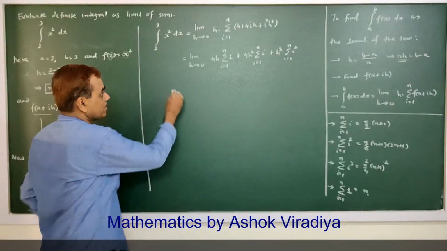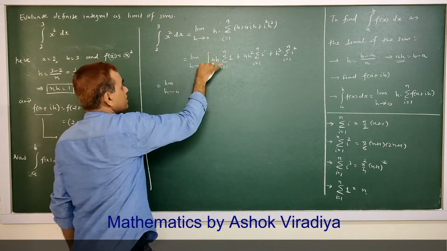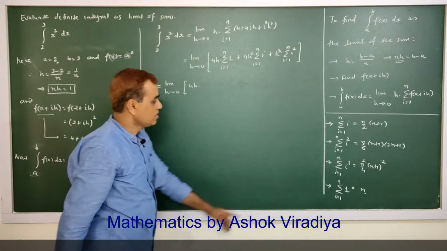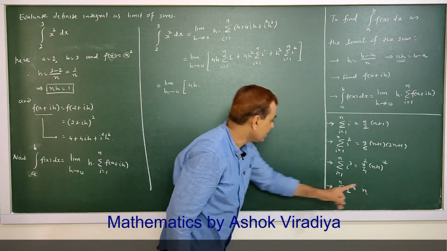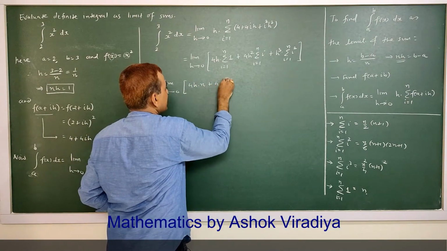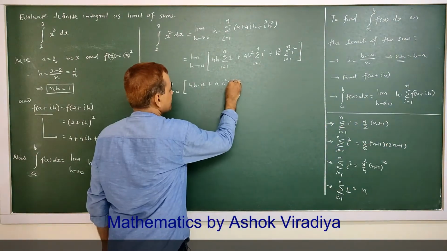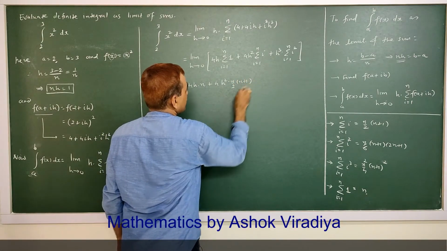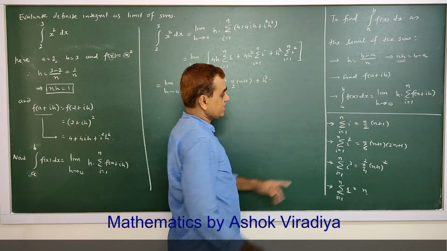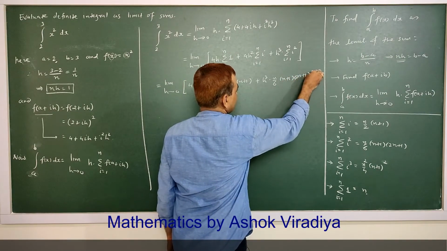Now we use this formula. So it is equal to the limit as h tends to 0, using a bracket because of the separation: 4h into sigma 1, which is n, plus 4h square into sigma i, which is n by 2 into (n + 1), plus h cube into sigma i square, which is n by 6 into (n + 1)(2n + 1).